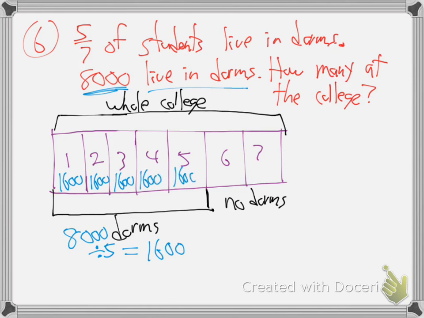In fact, they're all 1,600 because remember, they're all the same. So they all must be 1,600. Do you see how I came up with that? I just drew out what they're saying. 5/7 dorms. And dorms is 8,000. So I said, oh, 5 boxes for 8,000. Divide, that's 1,600 per box.